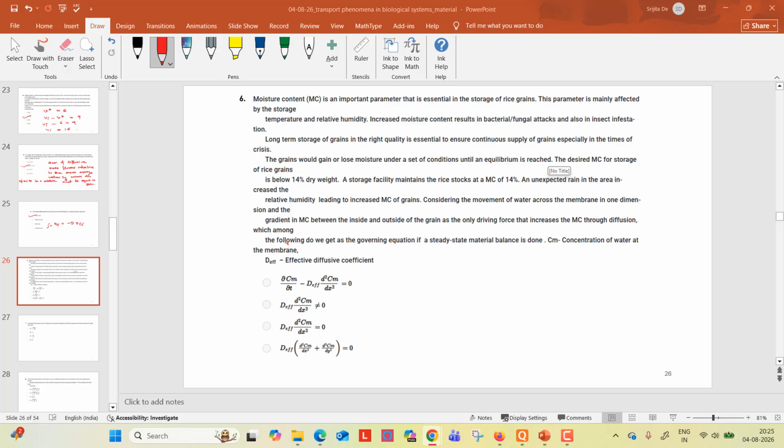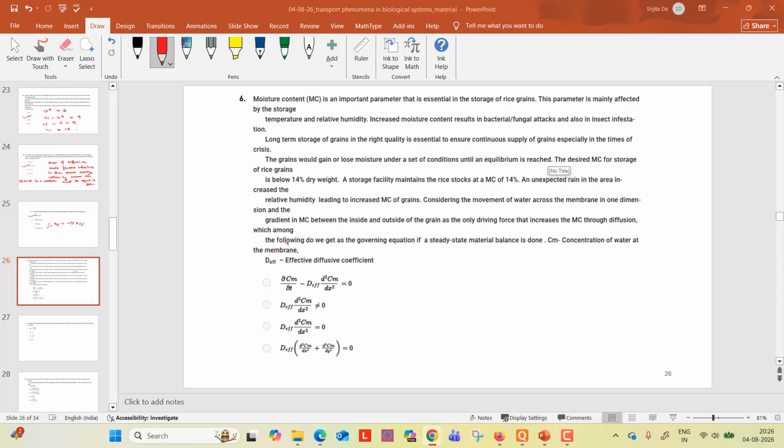A storage facility maintains the rice stocks at a moisture content of 14%. Unexpected rain in the area increases the relative humidity, leading to increased MC of grains.